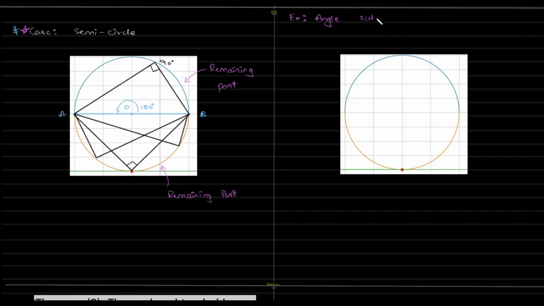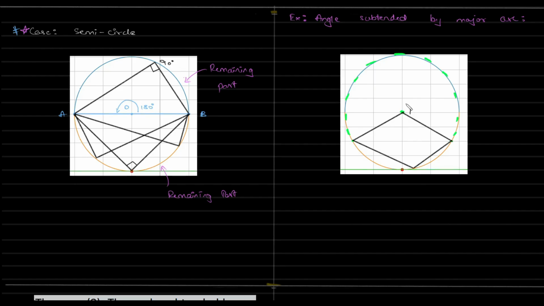Angle subtended by major arc will look like this. I know I'm repeating, but I want to show you guys a case wherein the major arc is inverted. So this is your arc under consideration, and the angle subtended by this arc with the center will look like this, and with the circumference it will look like this.